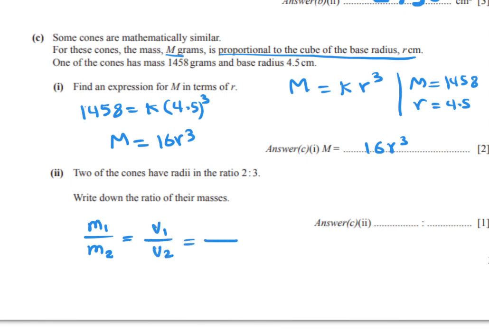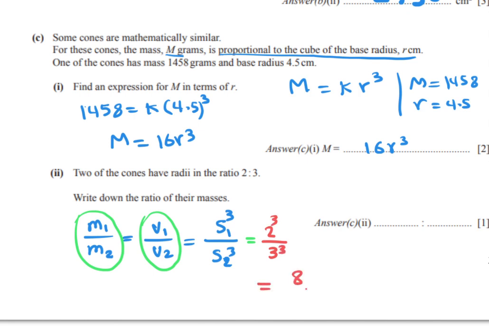The ratio between volumes is the cube of the ratio between sides. The ratio between the two sides is 2 to 3, so cube both: 2 to the power 3 to 3 to the power 3, so 8 over 27.